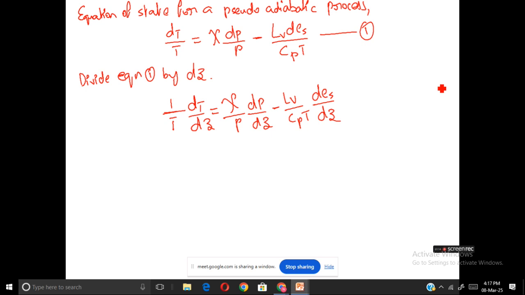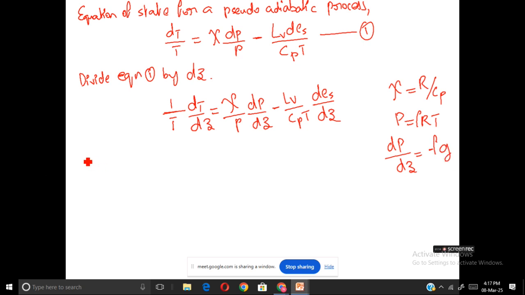Now let's substitute some terms that we know. The value of chi is basically R by Cp. p we know as rho R T. And we also know dp by dz is equal to minus rho g.